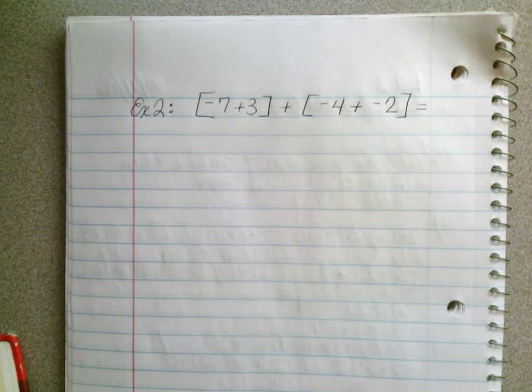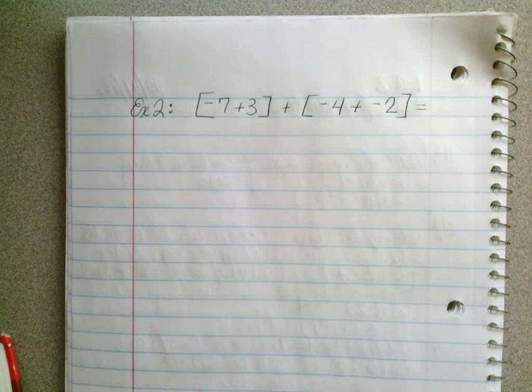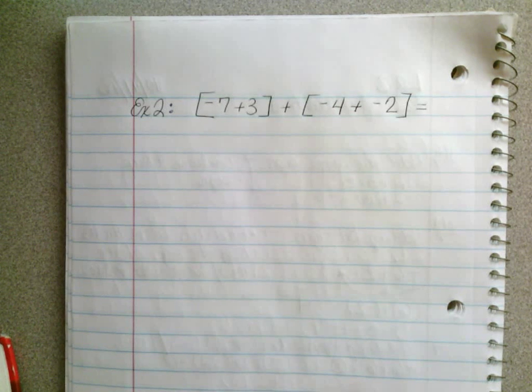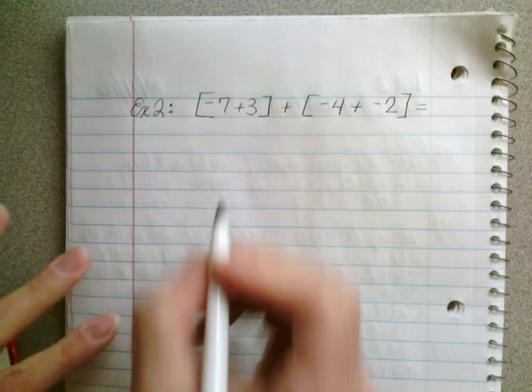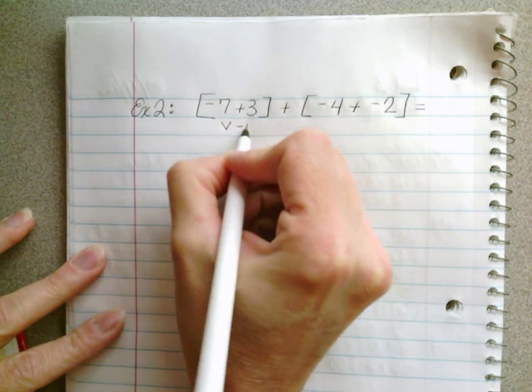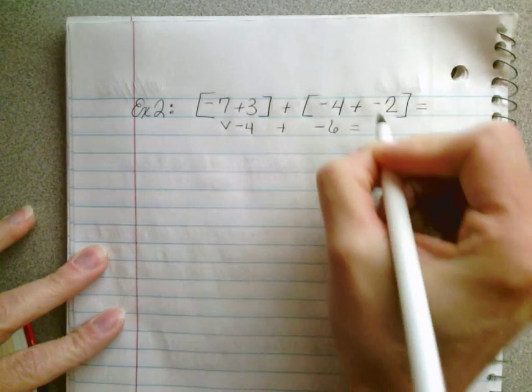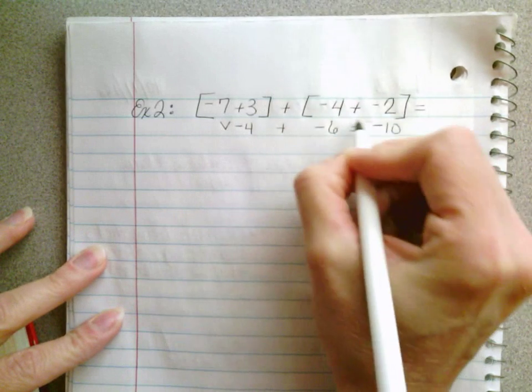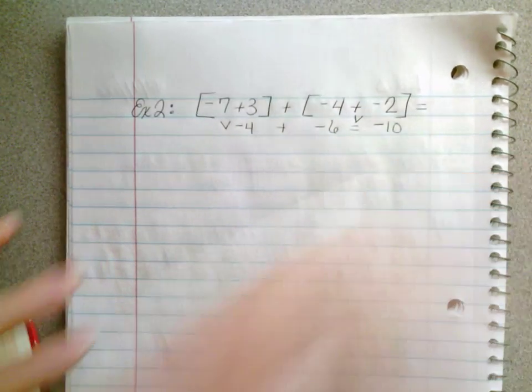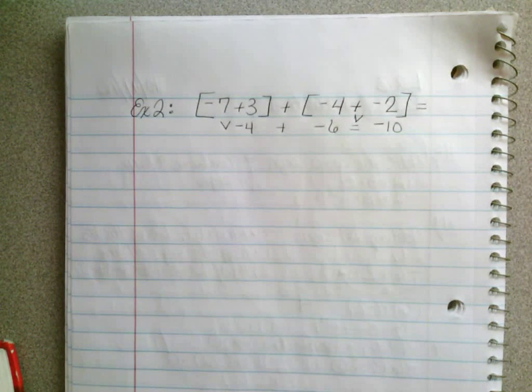While that is true for mixed operations, if everything is addition, then the order in which everything gets added is irrelevant anyway. So you can do it that way. You can say, okay, this is a negative 4, and this is a negative 6, which is a negative 10. You can follow that.